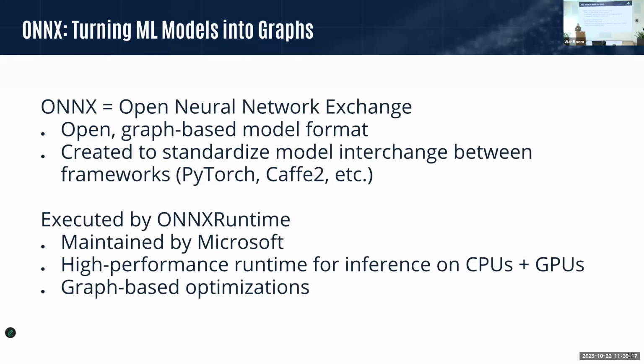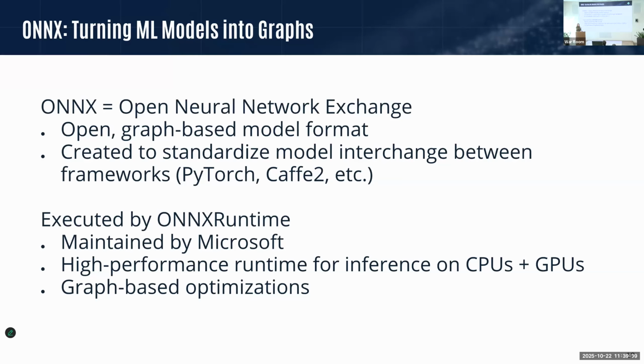If you're not familiar, ONNX is a computational graph file format that's really popular in production systems. ONNX stands for Open Neural Network Exchange. It's an open source file format system, and is basically created to standardize model conversions to a computational graph format.